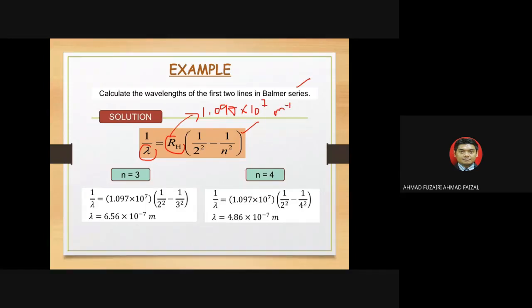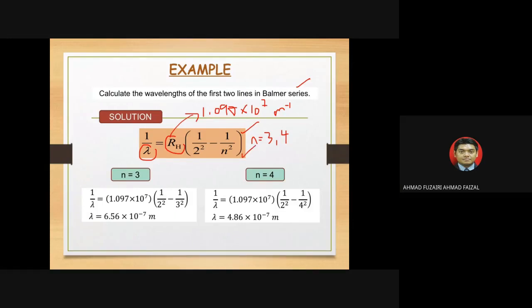The integer n for the Balmer series should start from 3 and also 4. According to these two numbers, 3 and 4, we can have two different wavelength values by using this equation.